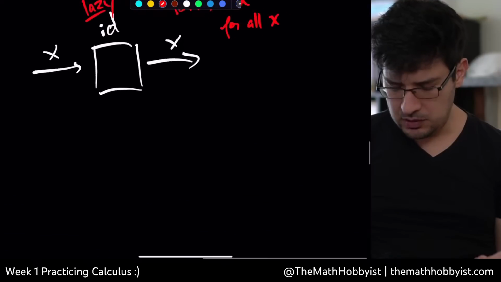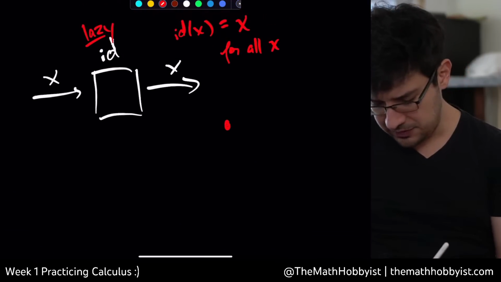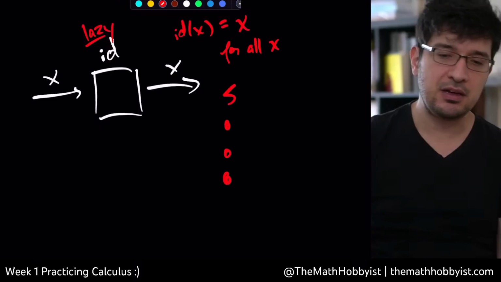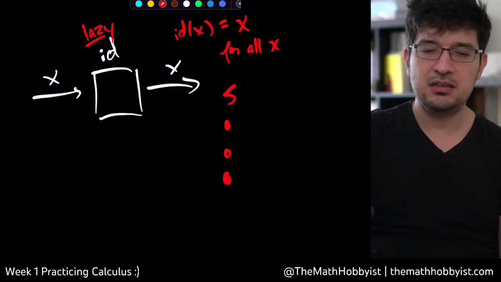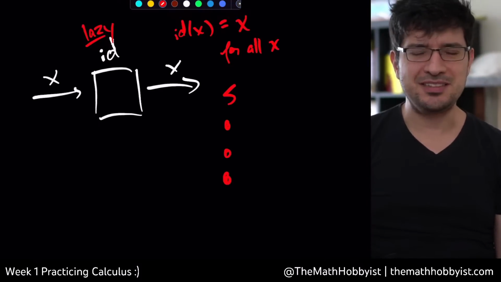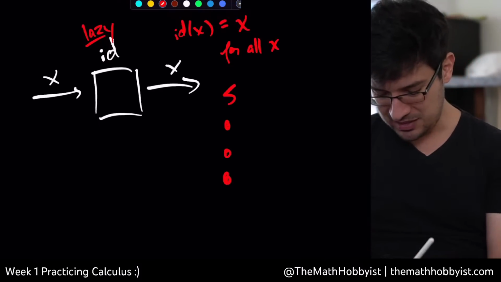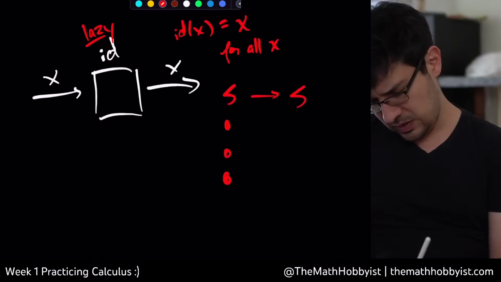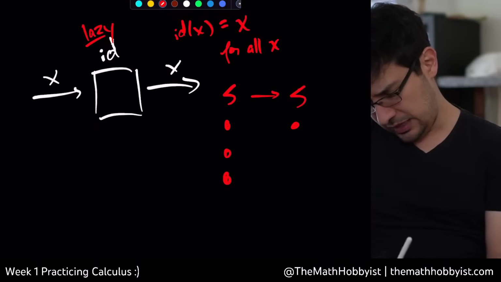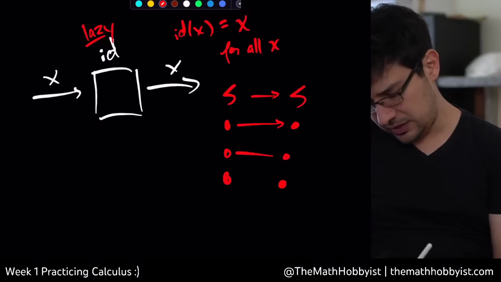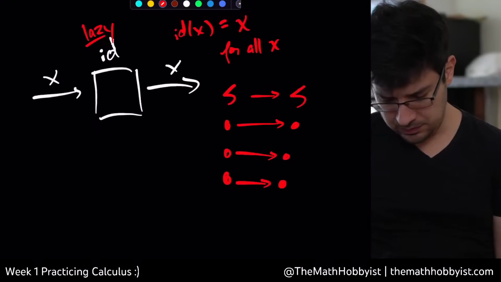So something that's cool is that this function can be defined on anything. If you have a set, any set, including the math hobbyist videos, if I give you a math hobbyist video and you're watching it, somehow you return it back, you give it back to me. I don't know what that would mean, but it would be like we are going from one set to itself always.